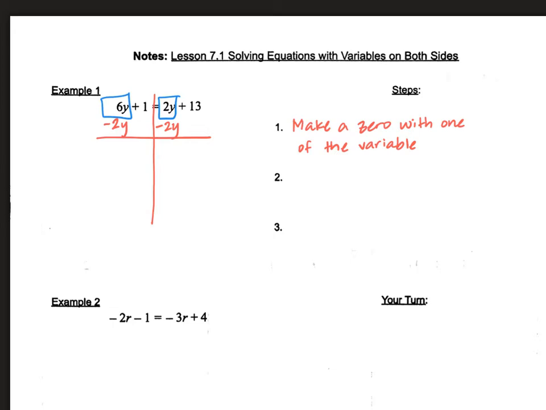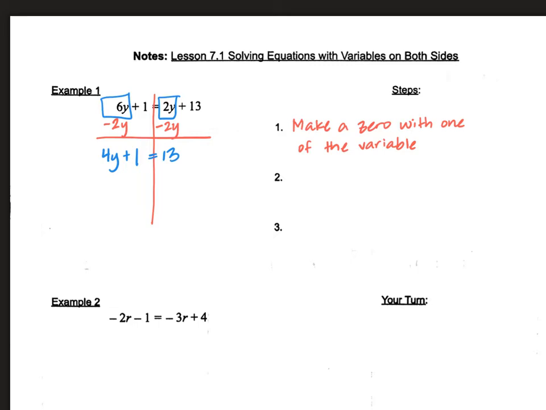That's 0, but I still have the positive 13 on the right side. On the left side, 6y minus 2y will give us 4y, and I also have the plus 1. So now I have 4y plus 1 equals 13. That's my equation that's left over.